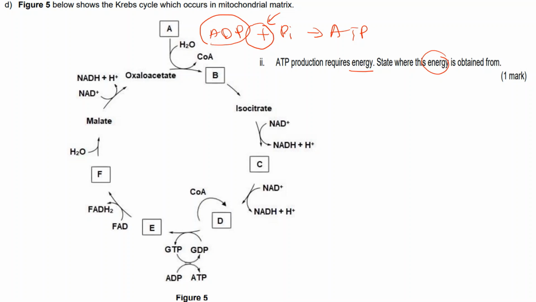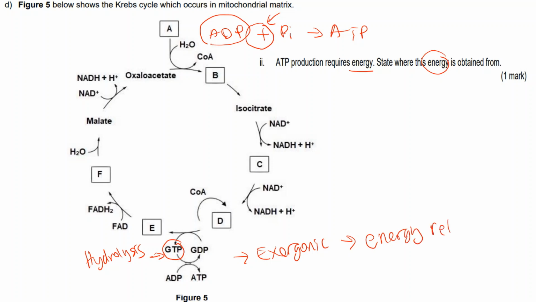The energy comes from the hydrolysis of GTP molecule, which is exergonic, which releases energy to make the bond between the inorganic phosphate and ADP to form ATP molecule.